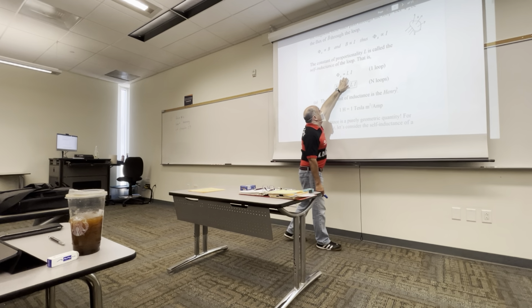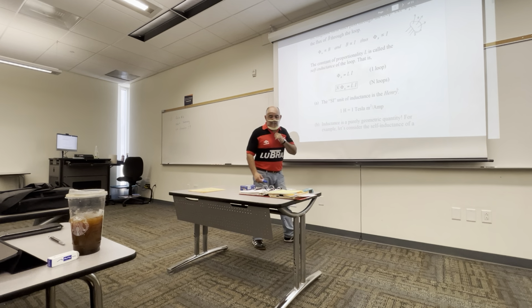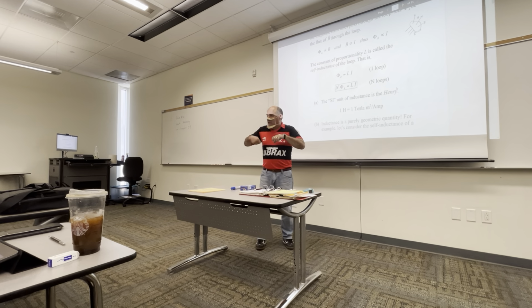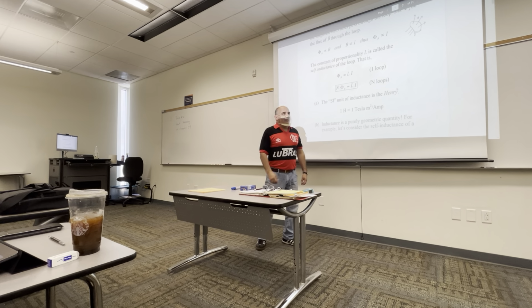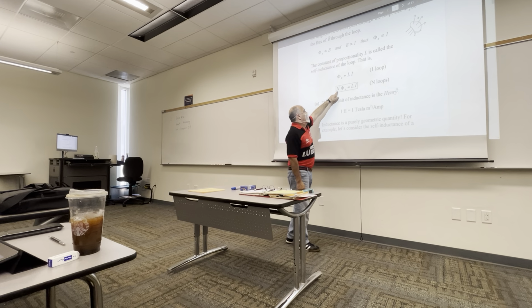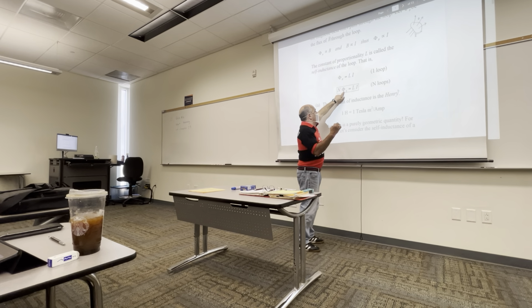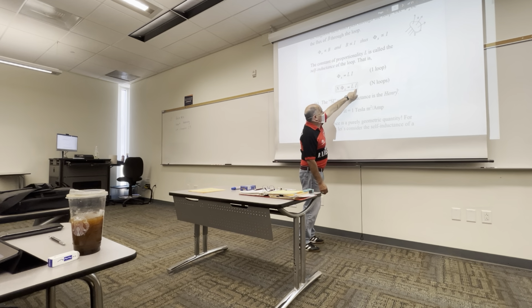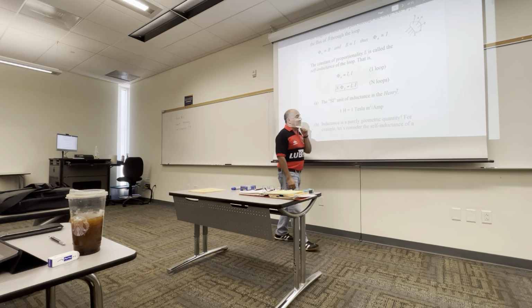So the inductance is the constant of proportionality. If you have a coil with many turns, then the total flux is going to be the total flux through one turn multiplied by the number of turns. So you just write this as N times the magnetic flux through one of the turns, and that's, again, proportional to the current, and that's the constant of proportionality.